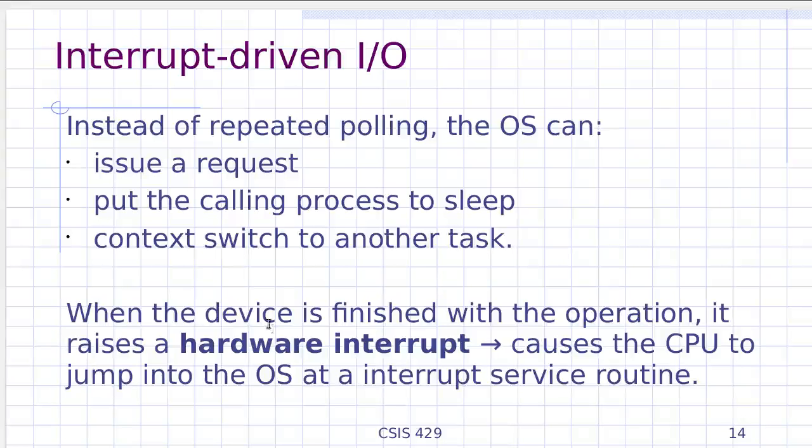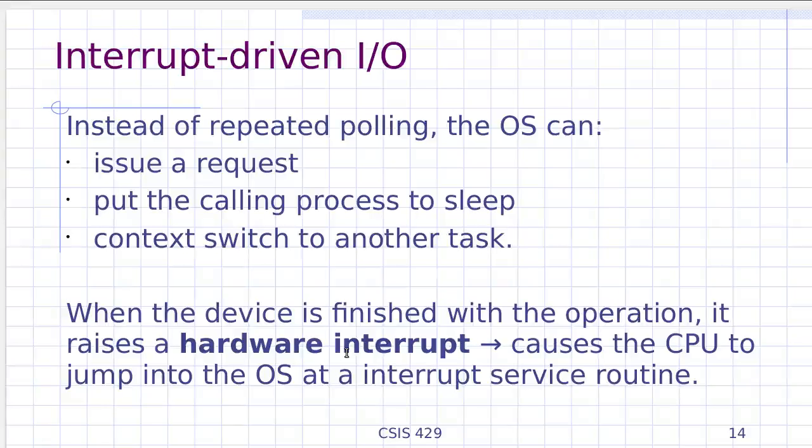When that slow I/O device is finished with that operation, it raises a hardware interrupt. It used to be just an electrical signal, and that's why it's called a hardware interrupt. There was an actual electrical signal that says, okay, this interrupt request line has gone high, or it's active, and that causes the CPU to finish its current instruction and then check the interrupt.